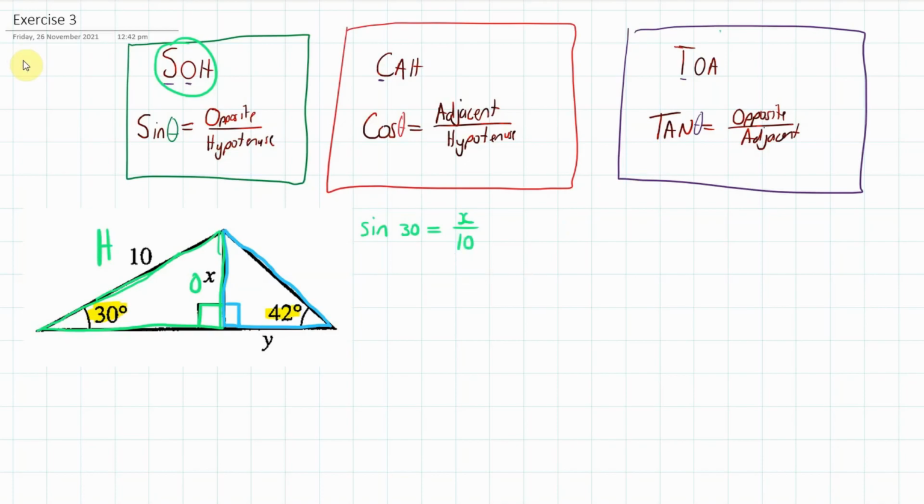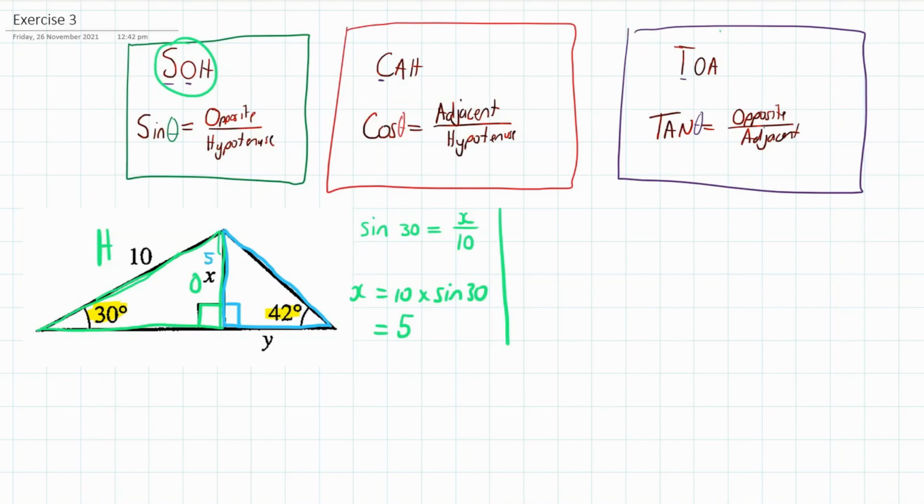So I can just write 10. Now what I can do is rearrange the formula. So x is equal to 10 times sine 30. And we pop that in the calculator, and what do we get? Well, it's going to be 5.